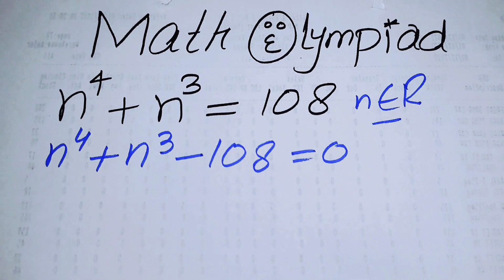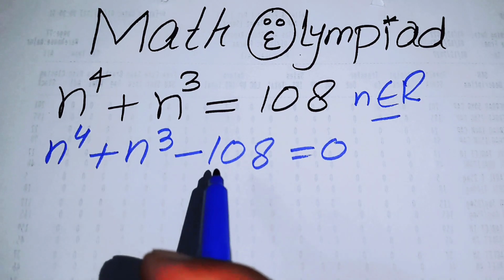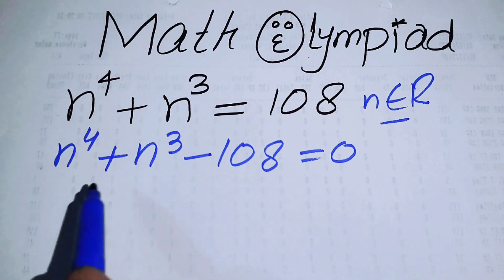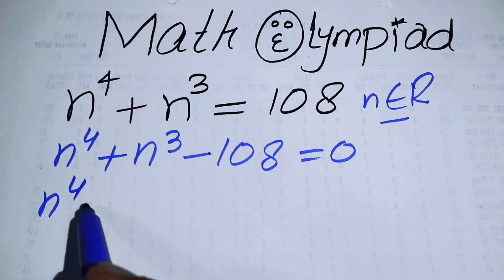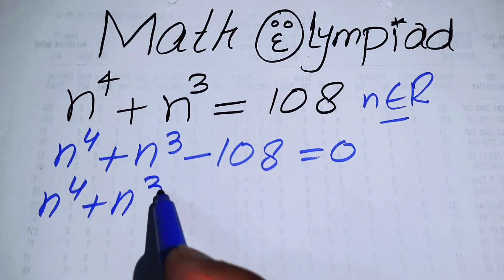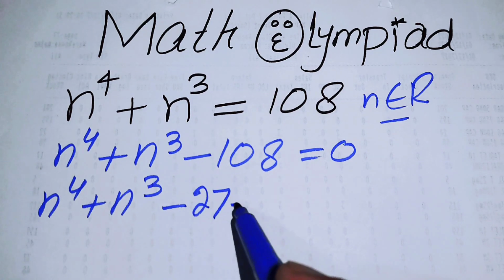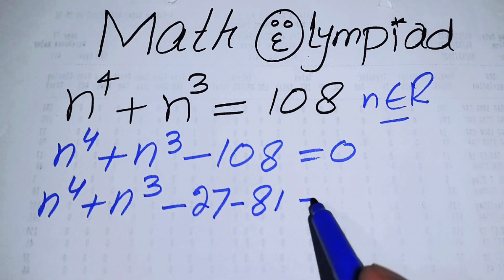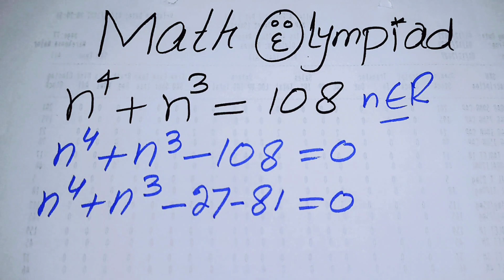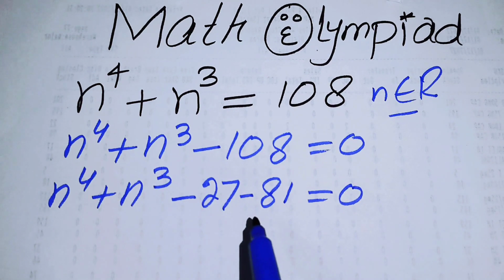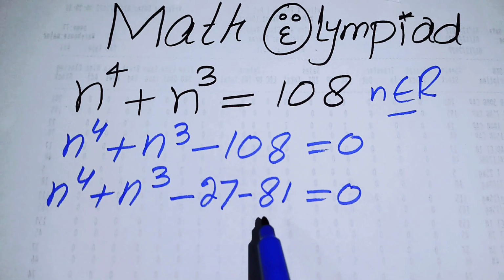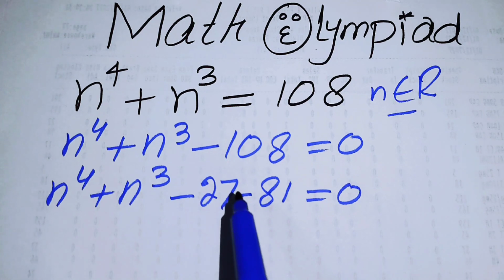And after this step I can rewrite this term minus 108 as n to the power of 4 plus n cubed minus 27 minus 81 is equal to 0, because you know that minus 27 and minus 81 will become minus 108.